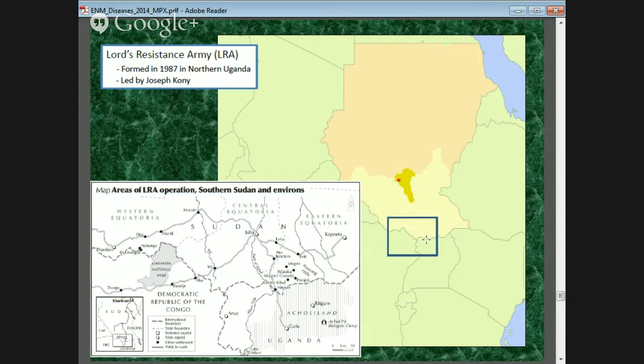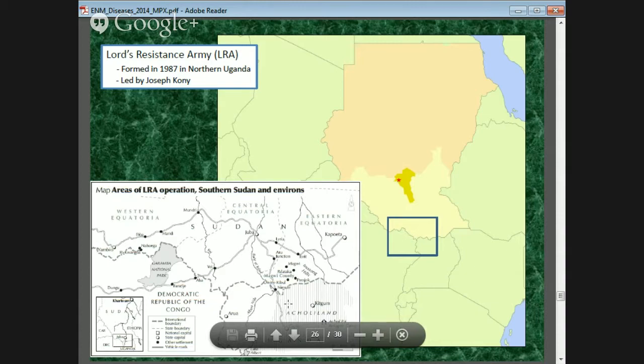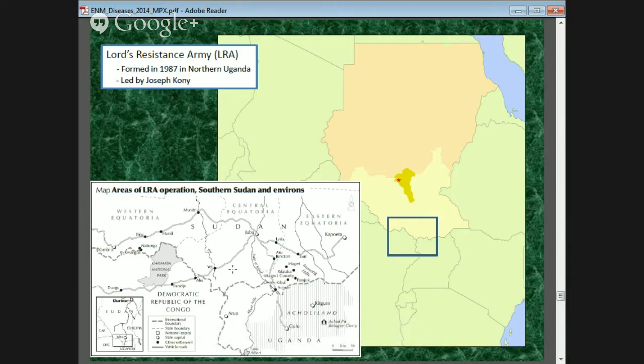Coincidentally or not, in late September and early October, they were moving from northern Uganda into southern Sudan and getting into northern DRC, into this national park, going through some villages and causing trouble in those villages.